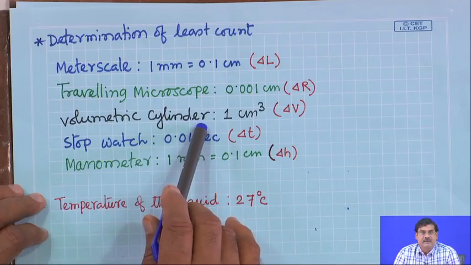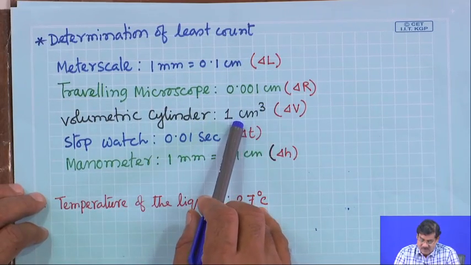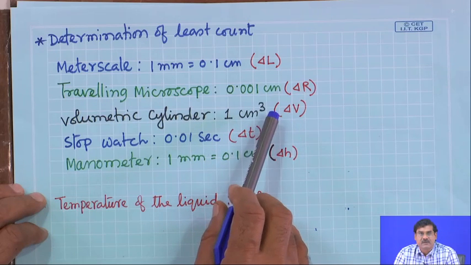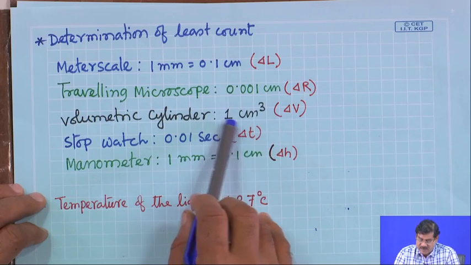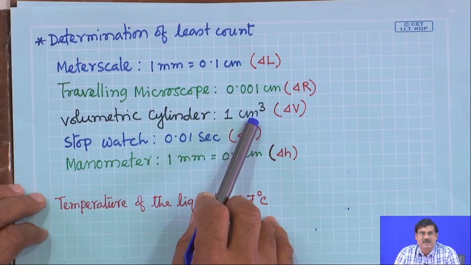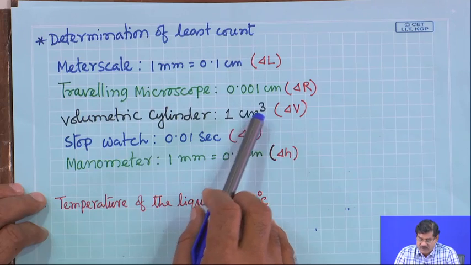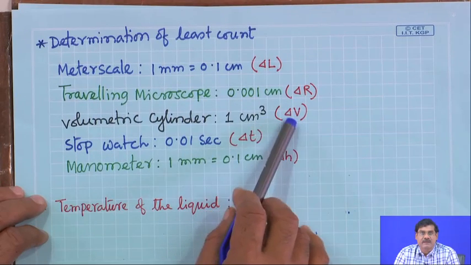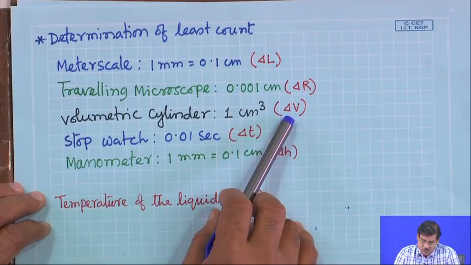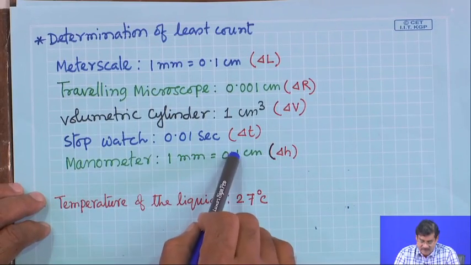For the volumetric cylinder, the smallest division in that scale was 1 cm cube, 1 milliliter basically, that is the error del V in measurement of volume V. Stopwatch 0.01 second.